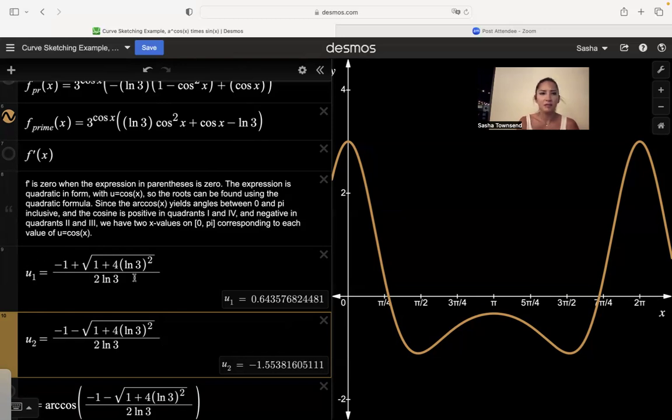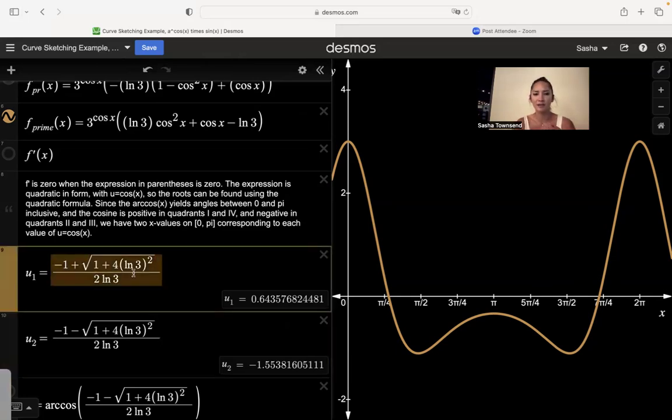And the original cosine function is periodic. And arc cosine has some restrictions on it. Arc cosine is only going to give us an angle between 0 and pi, and we actually want all of the angles that give us that corresponding u value. We're actually solving the equation u equals cosine of x, and that is equal to this particular value.